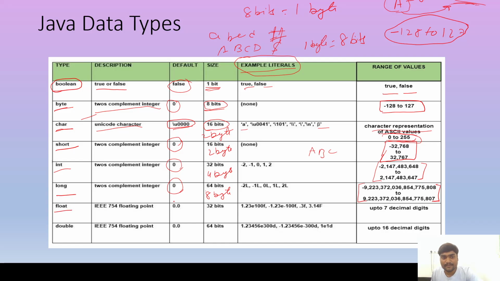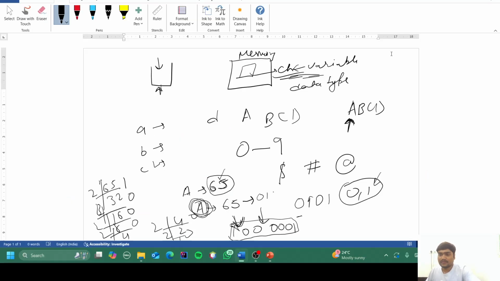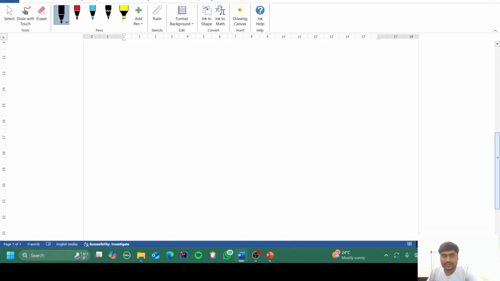And the float one is nothing but IEEE 754 floating point, its default is 0.0, its size is 4 byte, and it represents up to 7 decimal digits. That means if you see a floating value like 1 point, the number of digits after the decimal that float can store is up to 7, like 1 2 3 4 5 6 7.